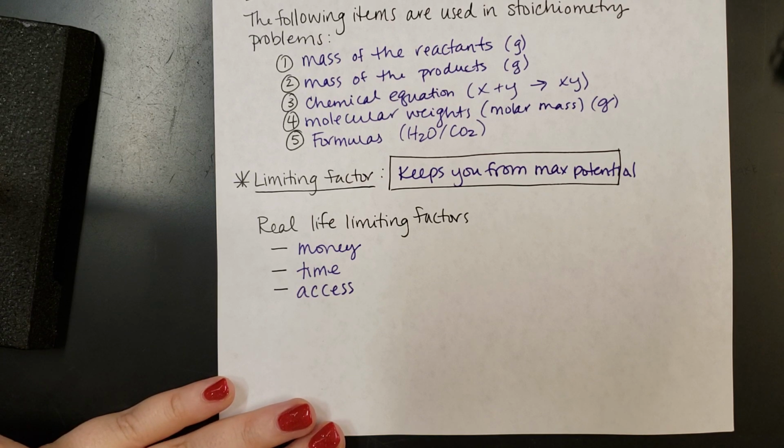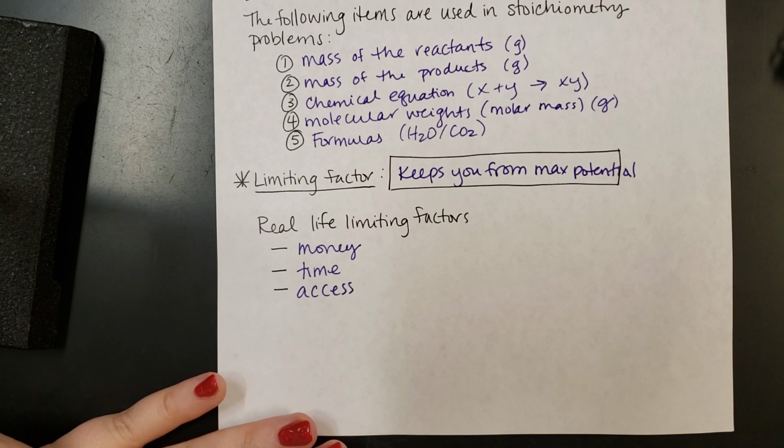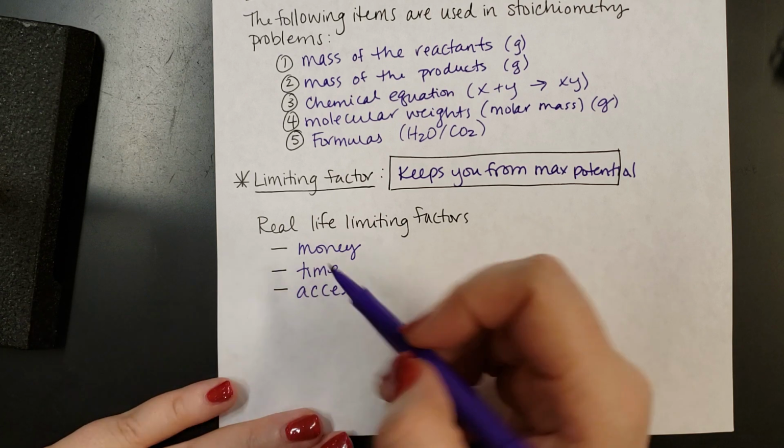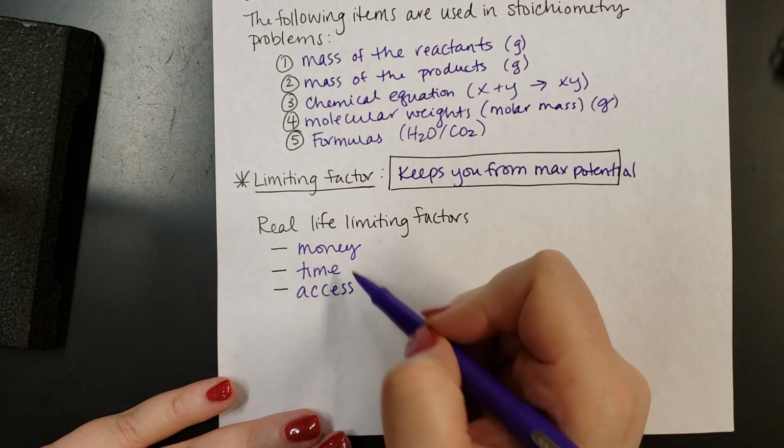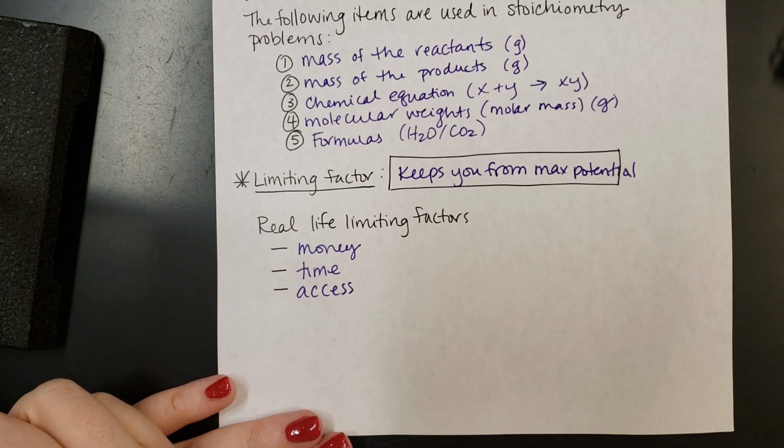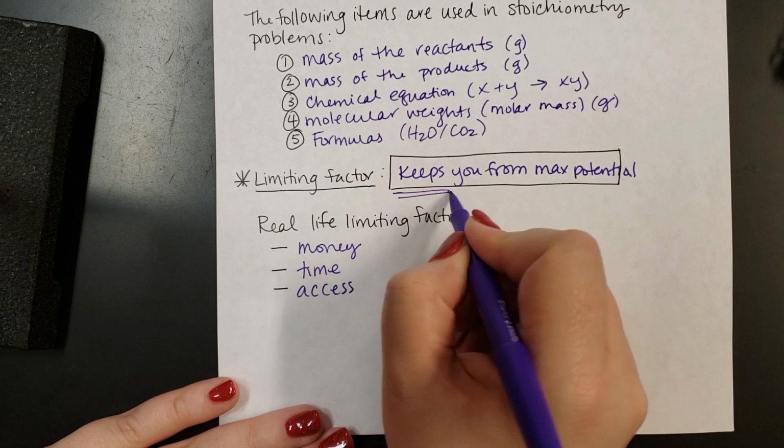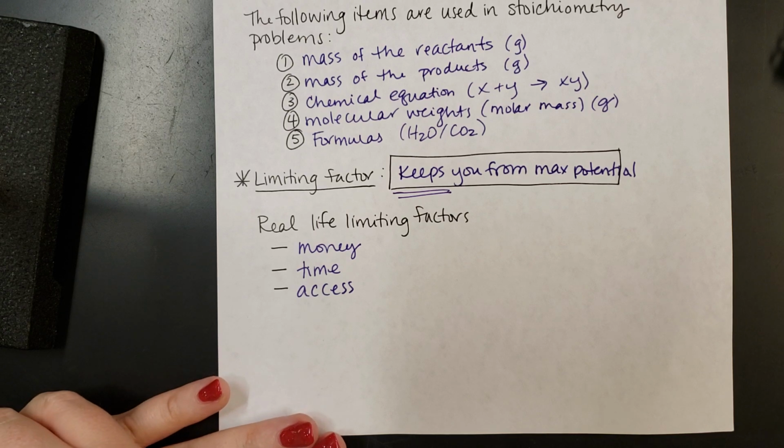Or you can't just walk into the CIA and be like, let me see your files, because your access is limited. Some people's access is limited by money. Some people's access is limited by time. So these are all real life limiting factors, but really it's anything that keeps you from your maximum potential.